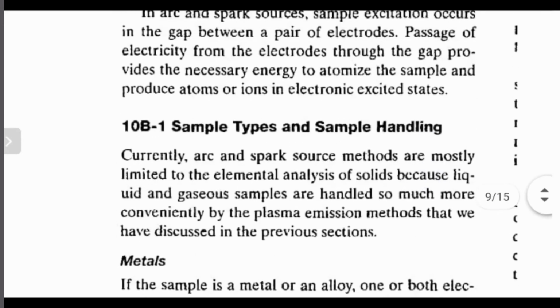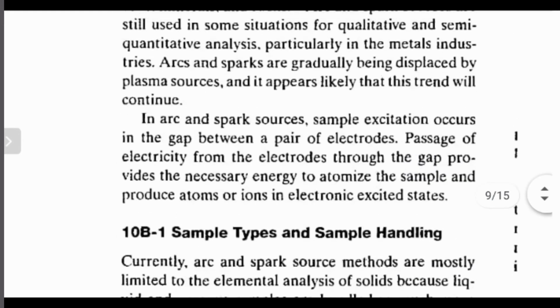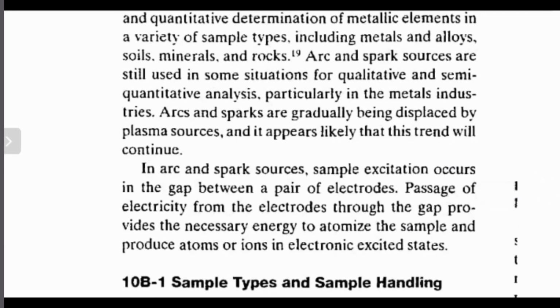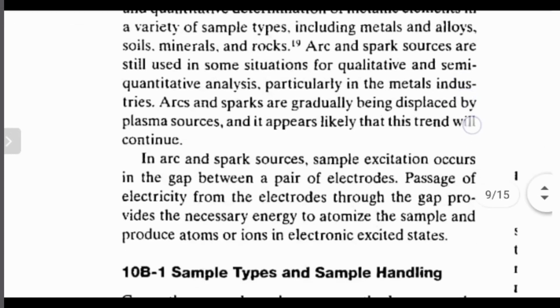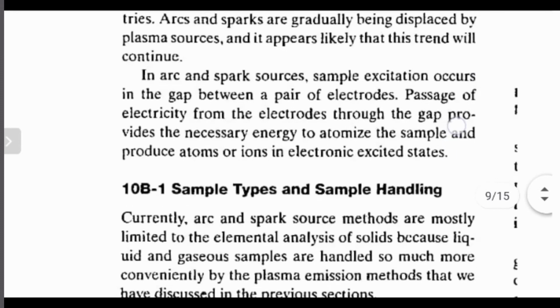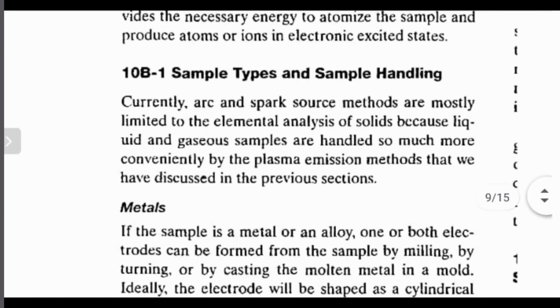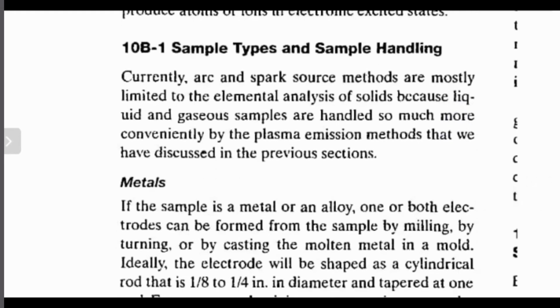So the important aspects to be considered here are the meaning of arc and spark, what the limitations of these arc and spark sources are, and for which samples, like metals, alloys or minerals, these sources are useful. Like we have seen, the sample holding for these arc and spark sources is quite complex.